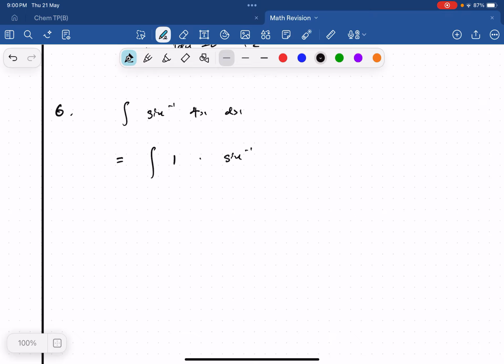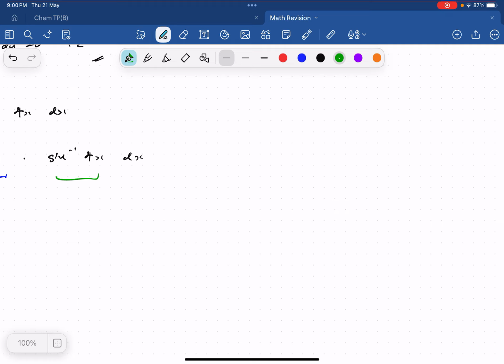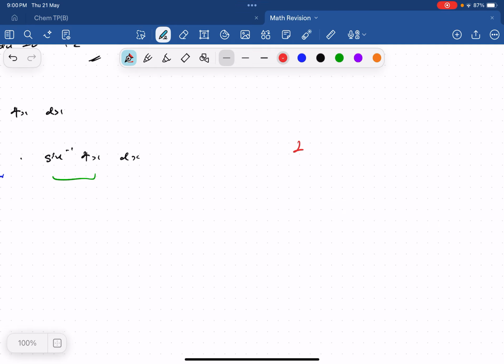Notice what happens if I write it as follows. It's still the same thing, obviously, because multiplying it by 1 does nothing. But look what I have now. I have an algebraic function, and I have an inverse trig function. So, LIATE, I have this, and I have this. Obviously, which one is going to be u?